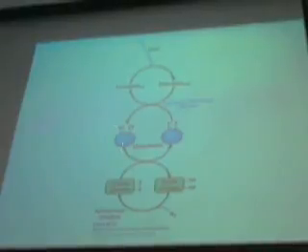Then the thioredoxin in turn can reduce one of the inactive enzymes, which has a disulfide group, into the active enzyme, which has the 2 sulfhydryl groups. So these enzymes involved in the Calvin cycle are generally inactive when they're oxidized with a disulfide and active when they have the 2 sulfhydryl groups.